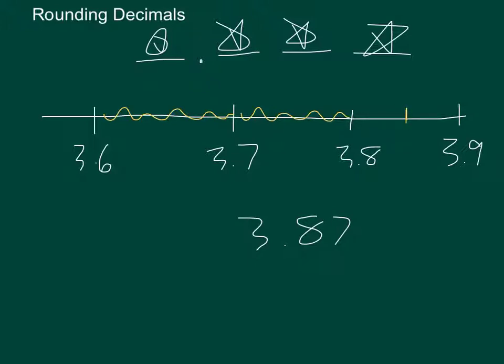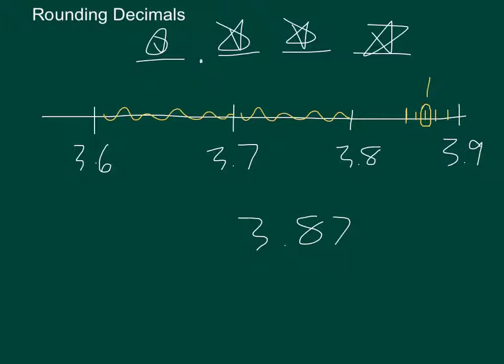Halfway between would be 3.85. Then you have 3.86, 3.87, 3.88, 3.89, and then 3.9. So 3.87 would be right here.